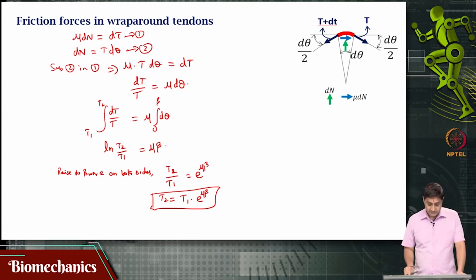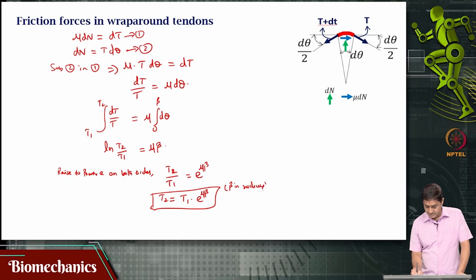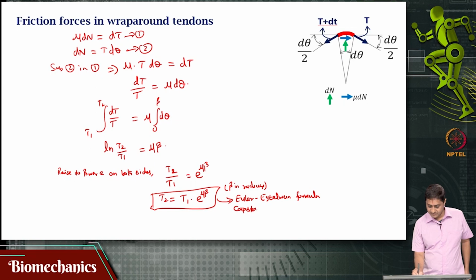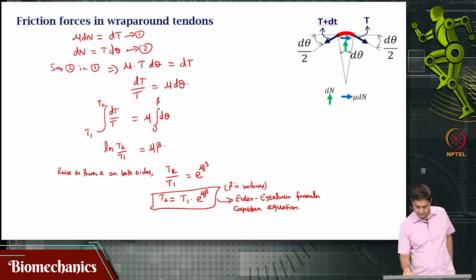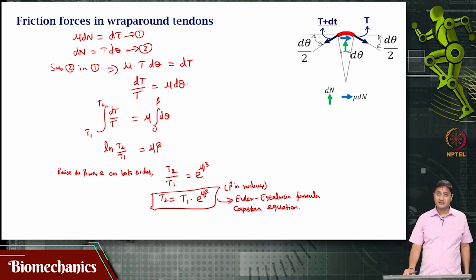Remember, beta is in radians. This relationship is called the Euler-Eytelwein formula or the Capstan equation.